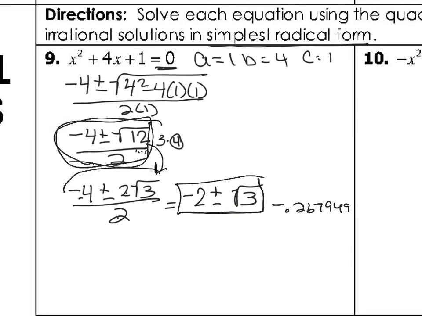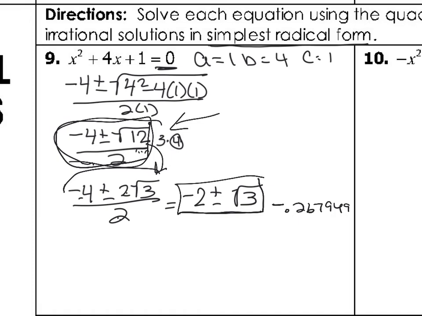If you put in your calculator this right here, negative 4, and just put plus square root of 12, and tell you what, clear that. Put parentheses. Negative 4 plus square root of 12. Then close your parentheses and divide it by 2.